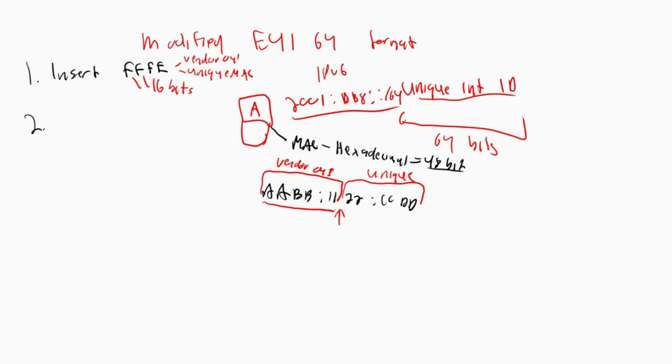So now our new hexadecimal digits, which we're going to add on to this global prefix to get a complete IPv6 address, is going to be AABB:11FF:FE22:CCDD. All right. Are we done?